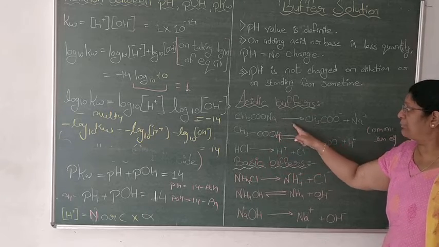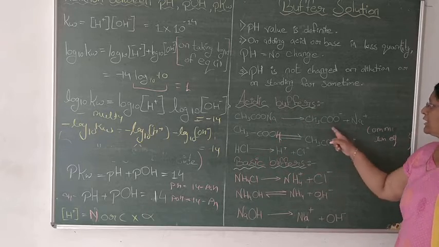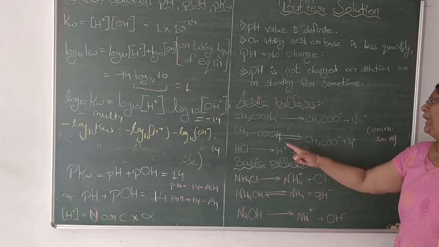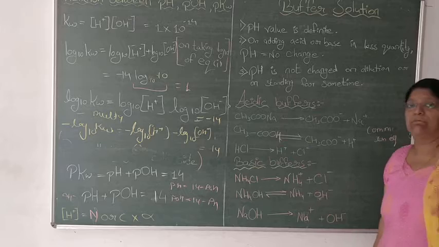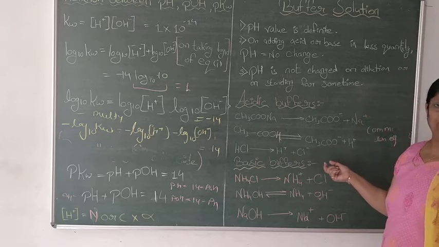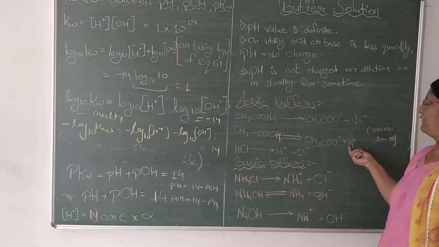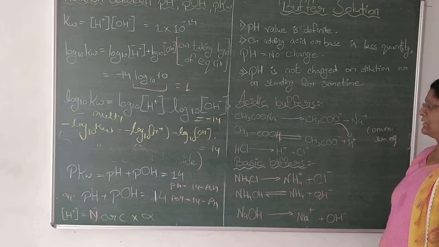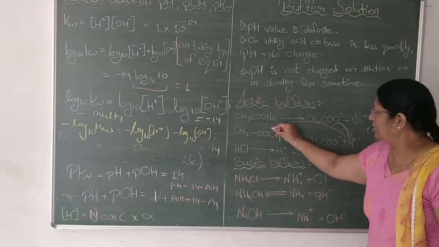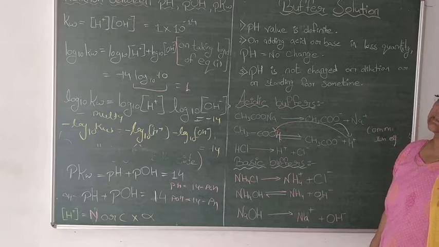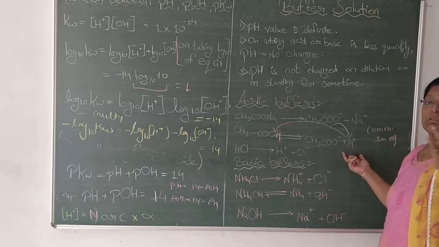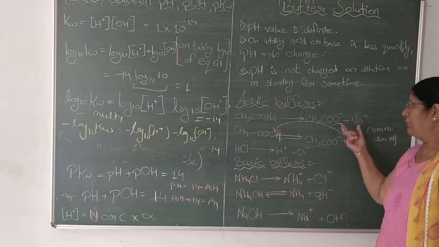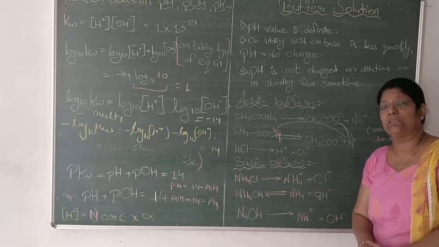So as we put in sodium acetate, it will ionize vigorously into acetate, and acetic acid will dissociate very mildly and give H positive ion. Immediately this acetate ion will attack this H ion and convert it into acetic acid. So the hydrogen ion concentration is not going to increase in the solution, that's why the pH will remain unchanged.